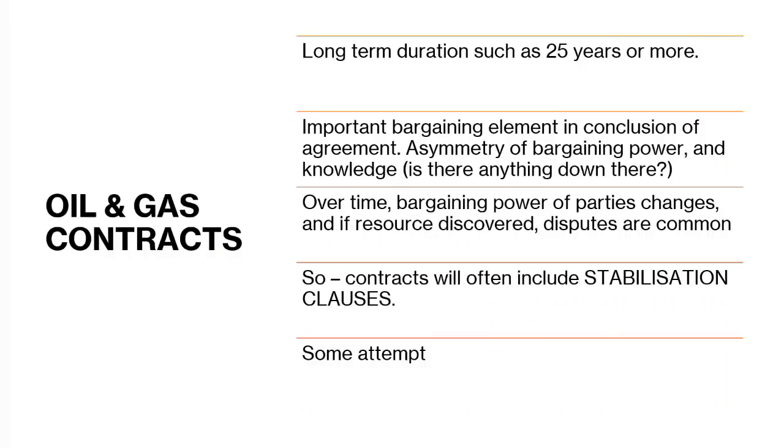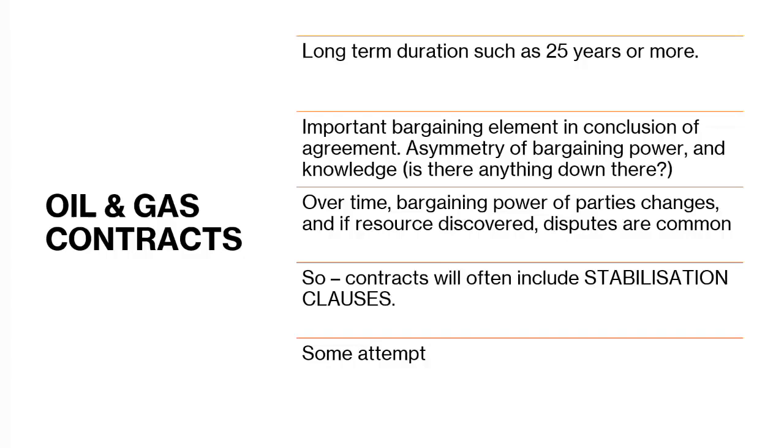Bargaining changes over time. Remember, this is sometimes called the obsolescing bargain. You make an agreement at the beginning, but over time, as knowledge changes, and as the company, or maybe several companies, invests, commits capital, the balance of power shifts to the state.